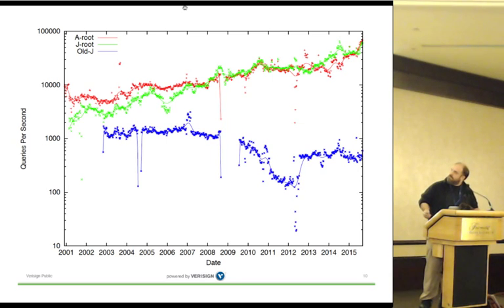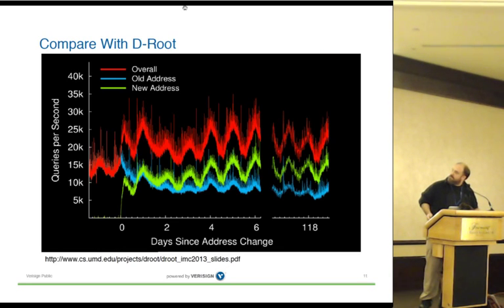We can compare this to change before with D route and how old D route declined a little bit after the switchover of IP addresses, but eventually leveled out at 7,000 queries per second.